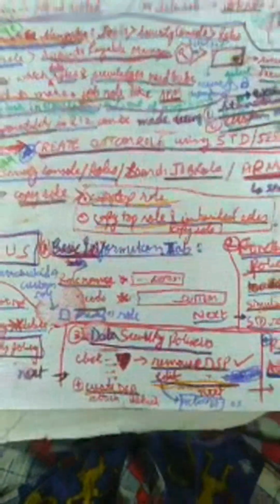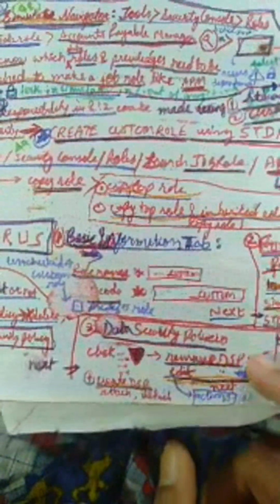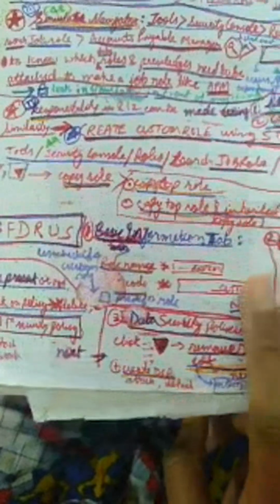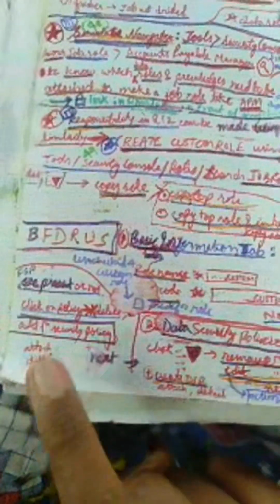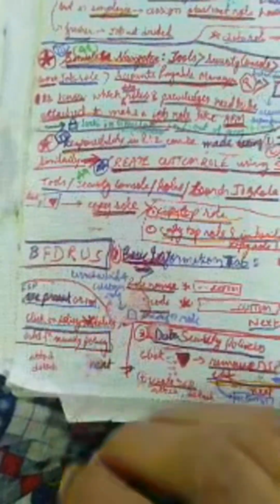Then I'll create a data security policy for that. Only creating a data security policy won't be sufficient. I need to use a functional security policy related to the same business unit to make it available to the users.